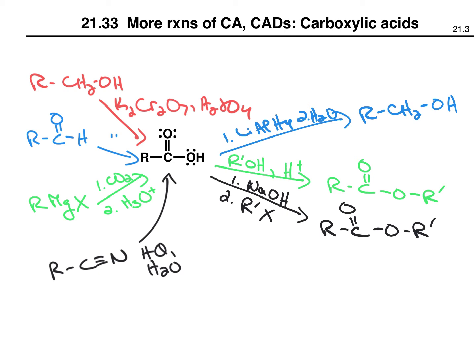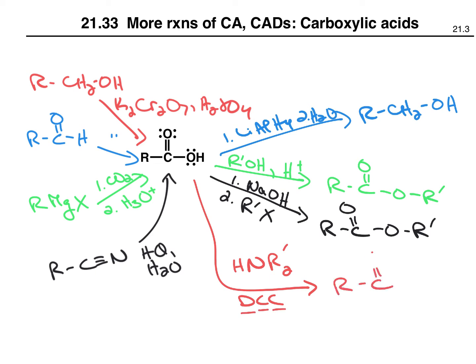And then one other reaction that I just want to mention, carboxylic acids can be treated with amines in the presence of a coupling reagent such as dicyclohexylcarbodiimide, and this will give an amide.